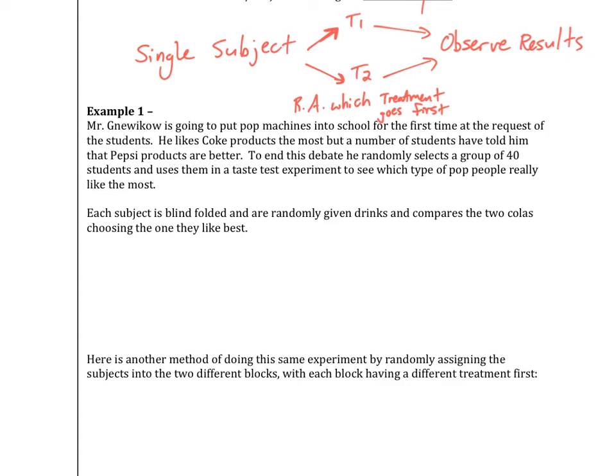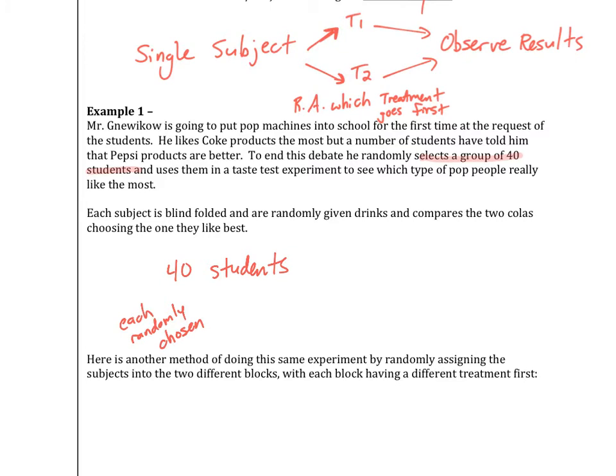Okay, so we said that he is going to randomly choose 40 students. So we start with 40 students. And I'm going to put over here that each is randomly chosen. Okay, it's randomly picking 40 students.